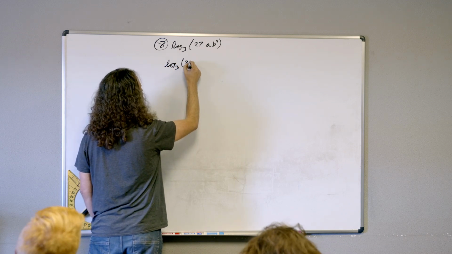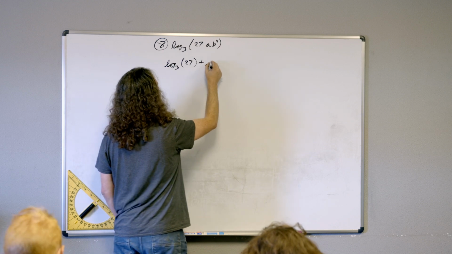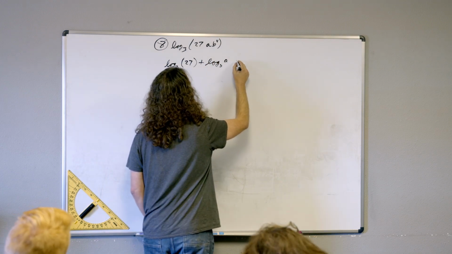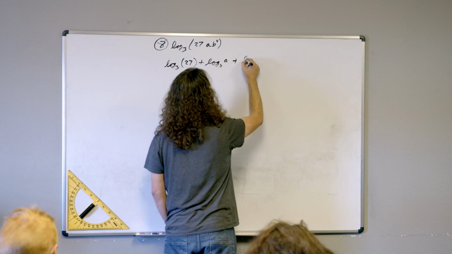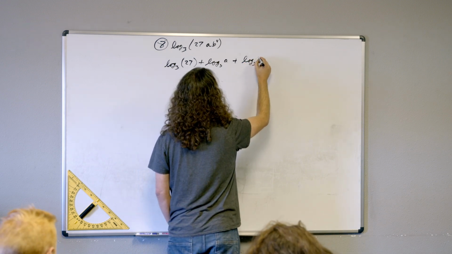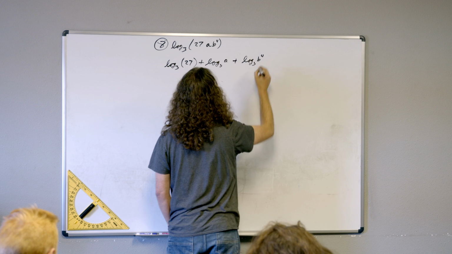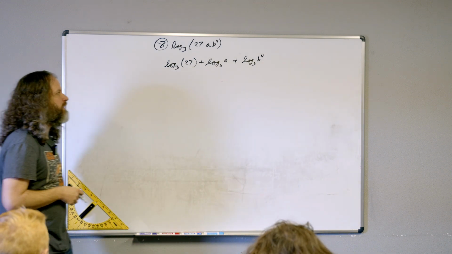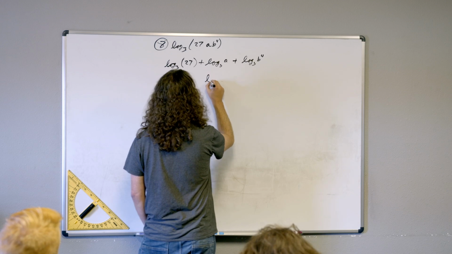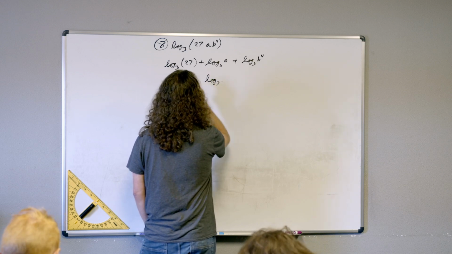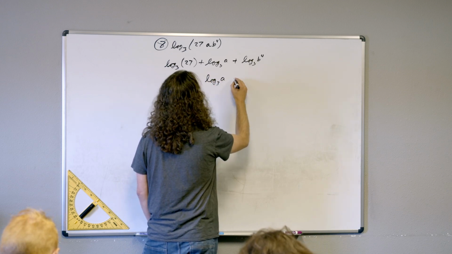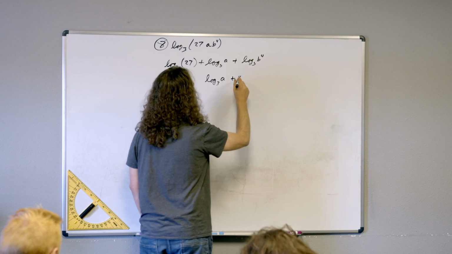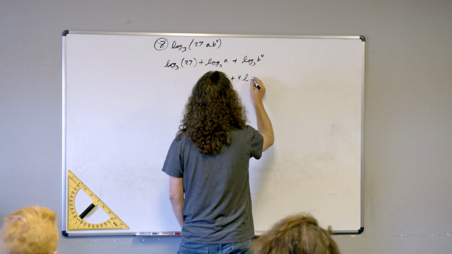So log base 3 of 27 plus the log base 3 of a plus the log base 3 of b to the 4th. Bring the 4 out to the front. These last two are the easy ones. It's the first one that we didn't see all the way. Is it because 27 is divided by 3?